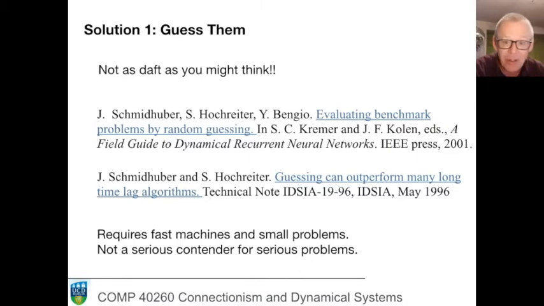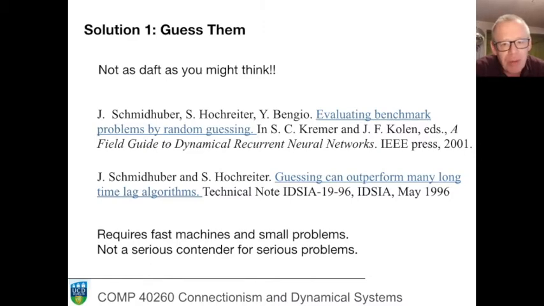It's an interesting historical fact in neural network research that the literature is paved with people taking specific benchmark problems. We've met the exclusive OR problem, for example. It's a good benchmark problem. And showing that their new fancy algorithm outperforms all others and learns it more accurately or quicker or something.